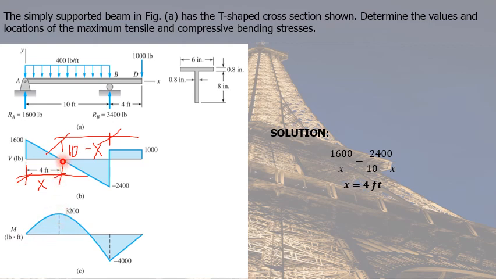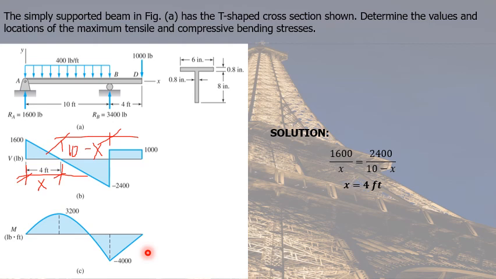Now from this point, we add 3,200 and the area of this triangle, which will have a negative value. So we have 3,200 plus 1/2 base times height.